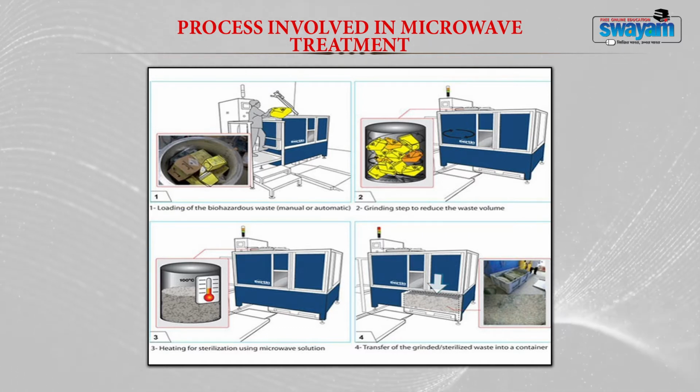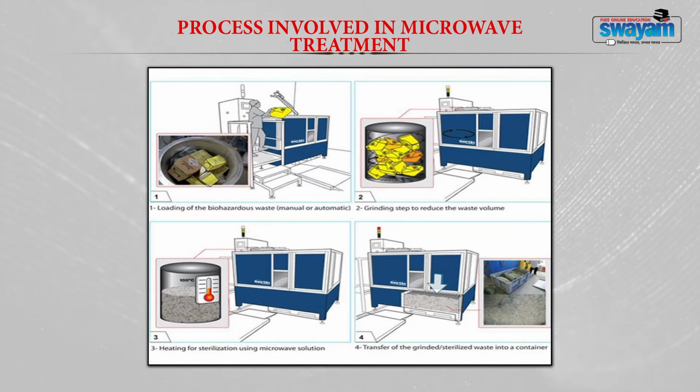Grinding is nothing but a sort of shredding, where you reduce the size of the waste. Then you heat the waste material for sterilization purposes using a microwave. Then the last one, you transfer the ground, sterilized waste into a container. The residue is then transferred safely for further disposal.